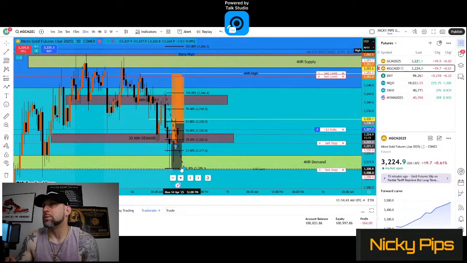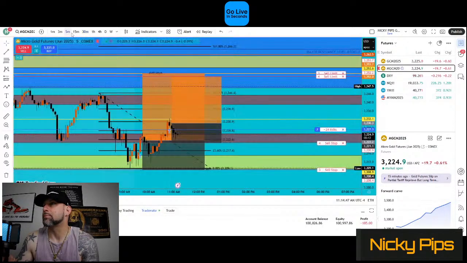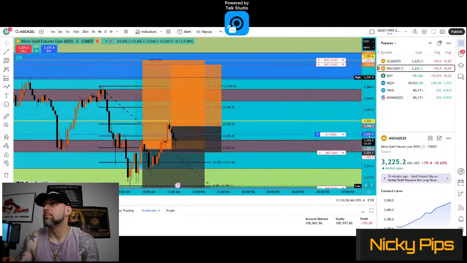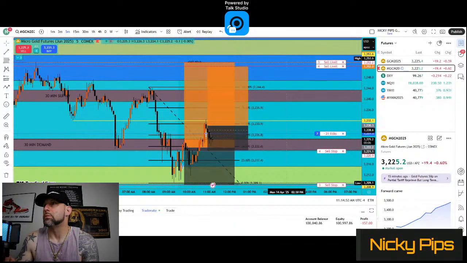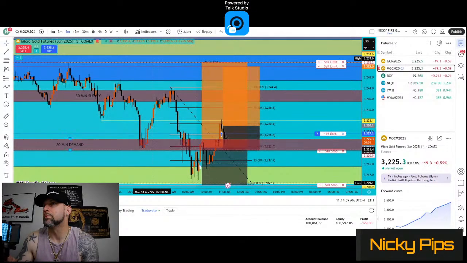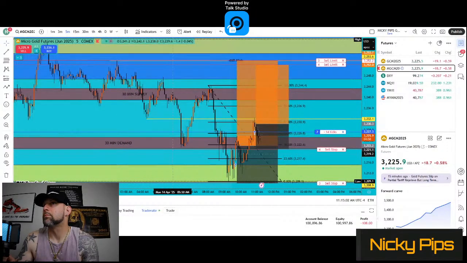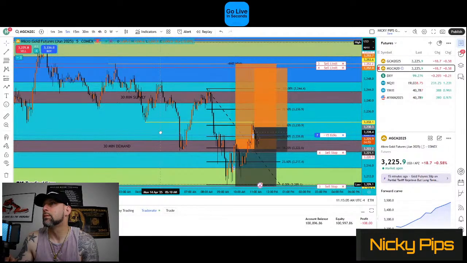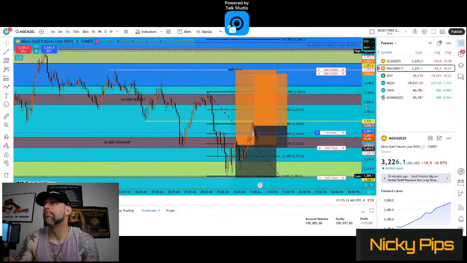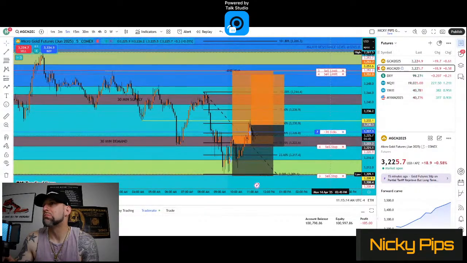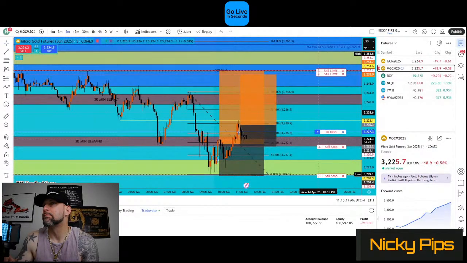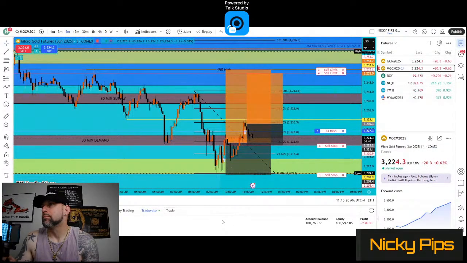So I might not fully get stopped out of my initial trade, but I might get stopped out of my second entry. But we'll see. We have to respect this 30-minute demand. Yeah, we're printing bearish again.